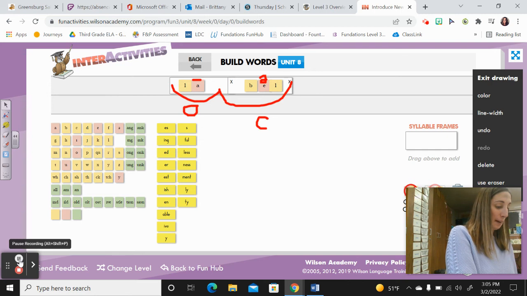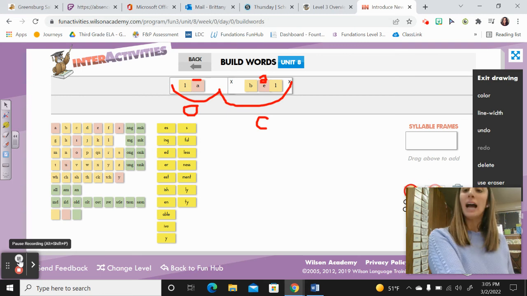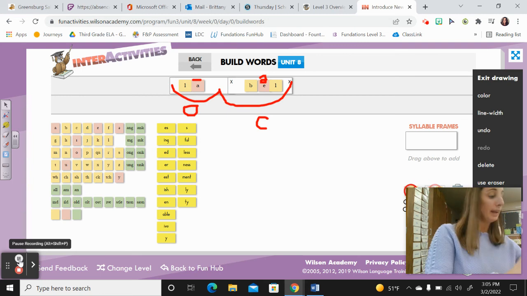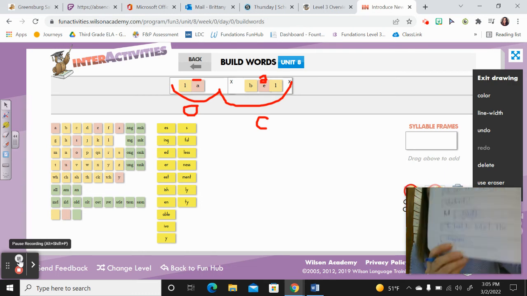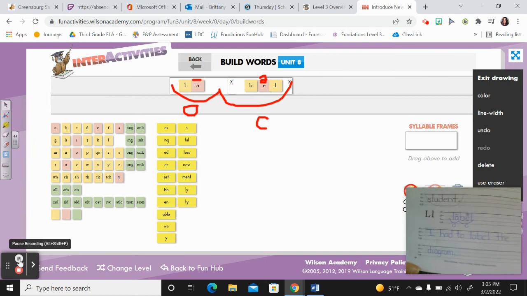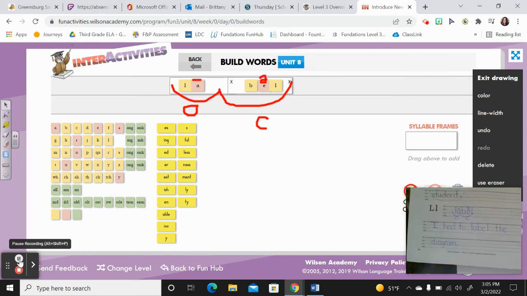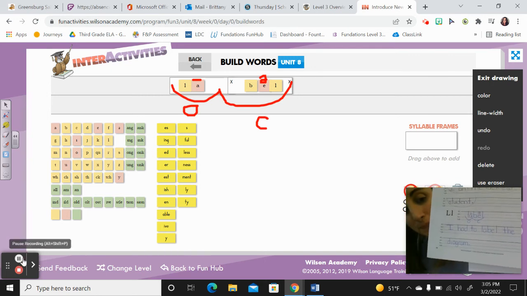Diagram. You should be able to figure out that one. Di is an open syllable with that long I. And then you know what says in the middle of the word. Gram. I had to label the diagram.